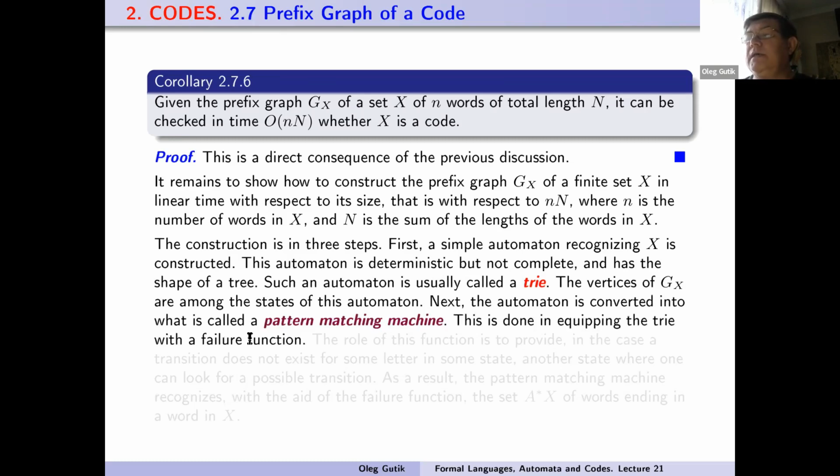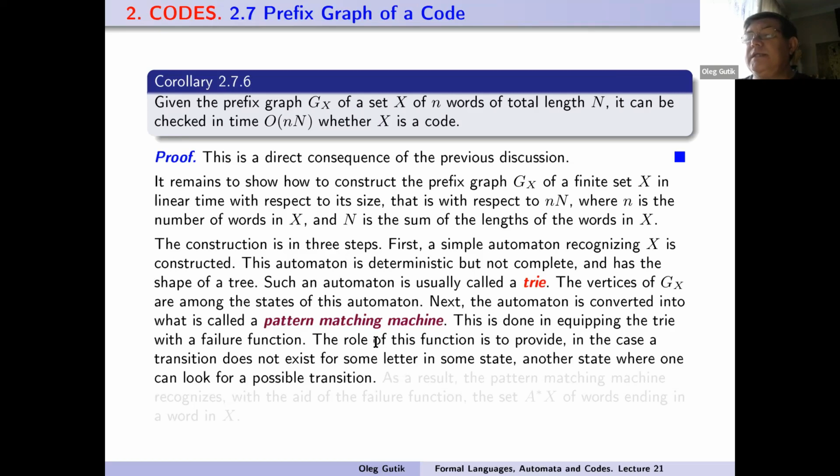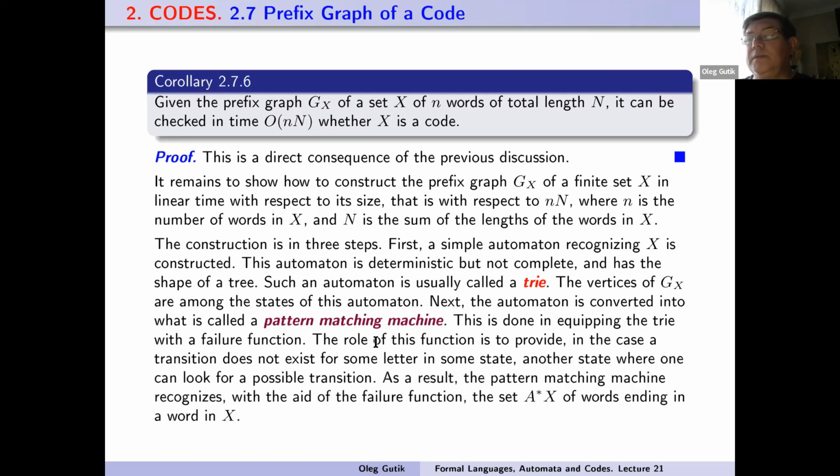This is done by equipping the trie with a failure function. The role of this function is to provide, in the case a transition does not exist for some letter in some state, another state where one can look for a possible transition.